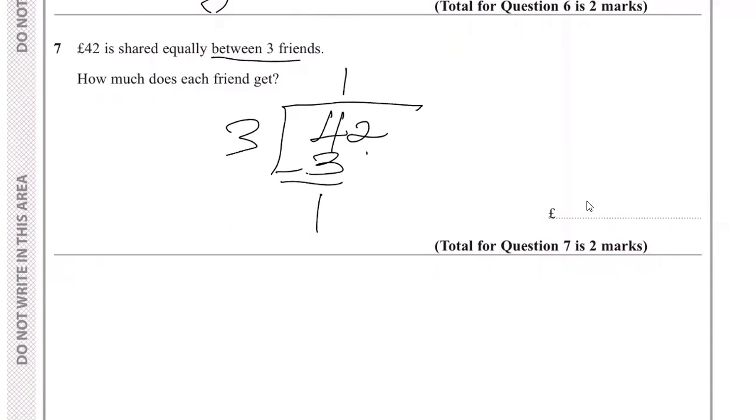Remember, we have to carry down the 2, so that becomes 12. 3 into 12 goes 4 times. And then we multiply 3 times 4, which is 12. So for that one, it would have been 14. So each person will get 14 pounds. This is a British paper, so you can understand why it is in pounds.